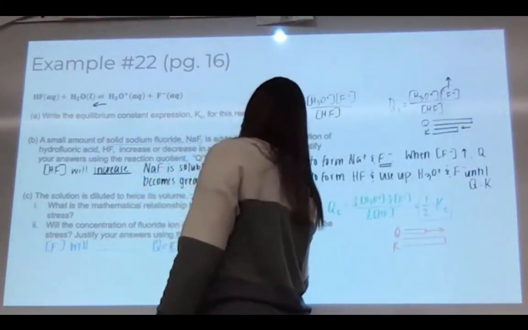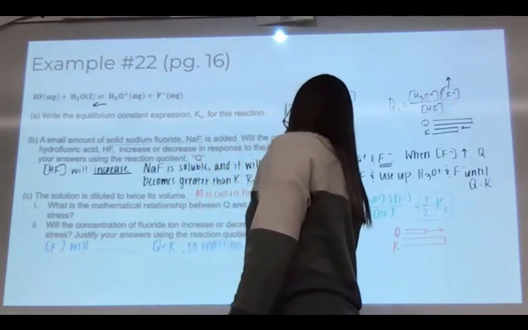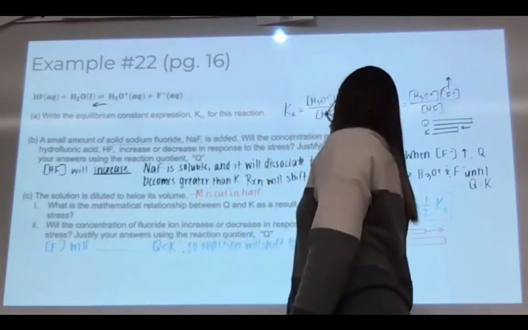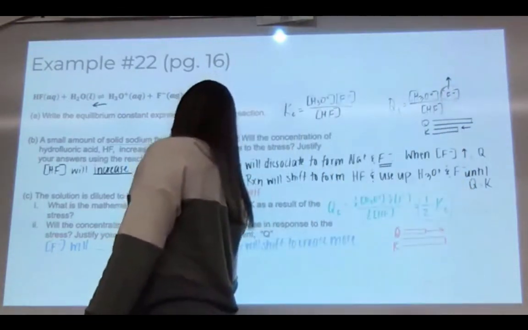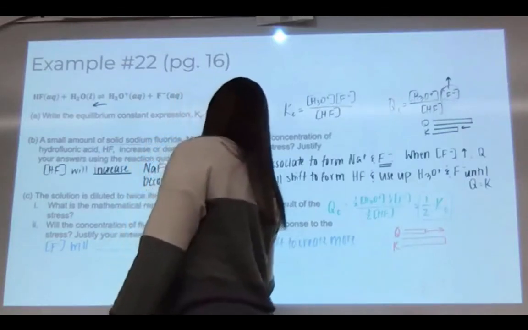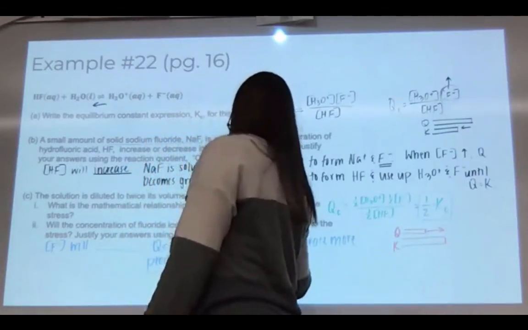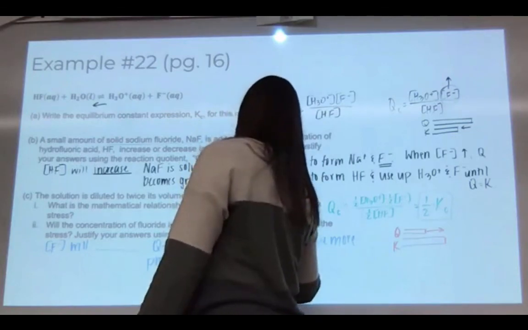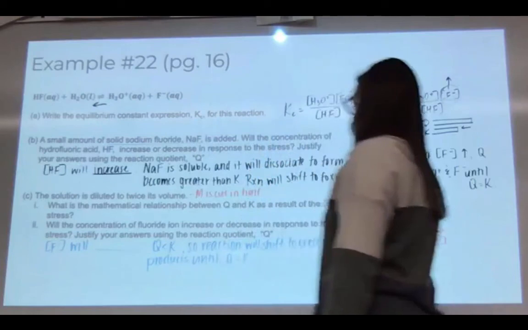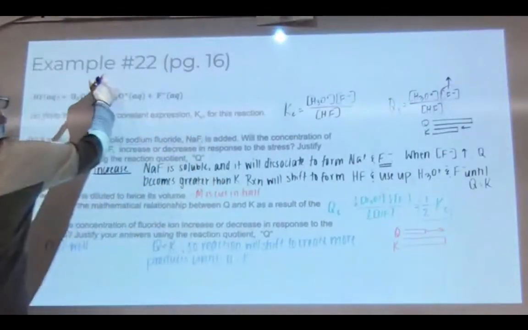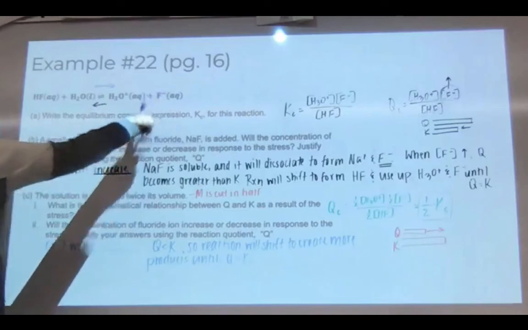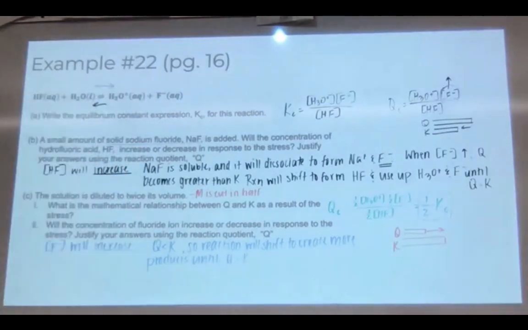So reaction will shift to create more products until Q equals K. Since Q is less than K, the reaction will shift to create more products until Q equals K. So if it's creating more products, F minus will increase. Right, concentration of the fluoride ion will increase.